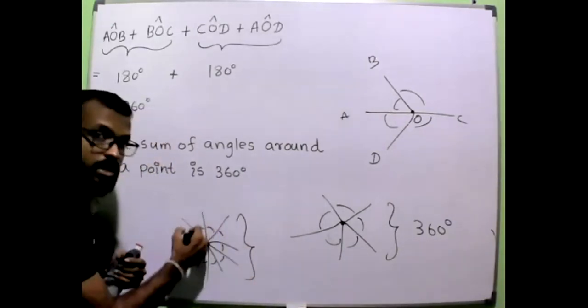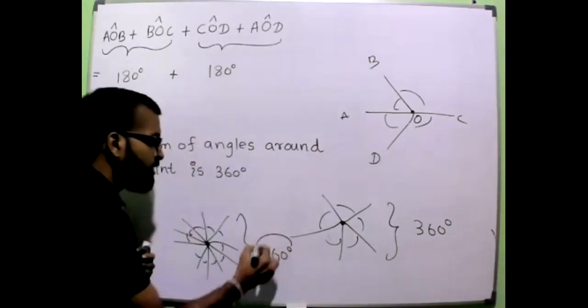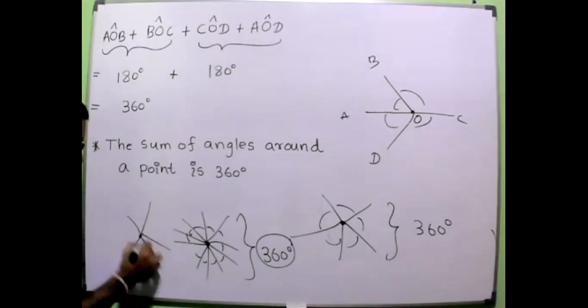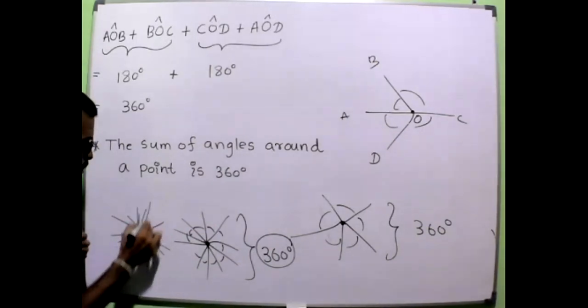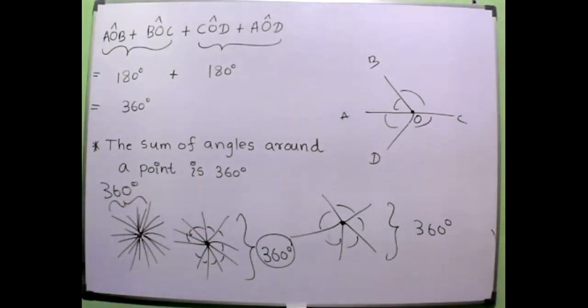The summation of these 10 angles should equal 360 degrees. So whatever the number of angles around the point, it equals 360 degrees. Keep that in your mind.